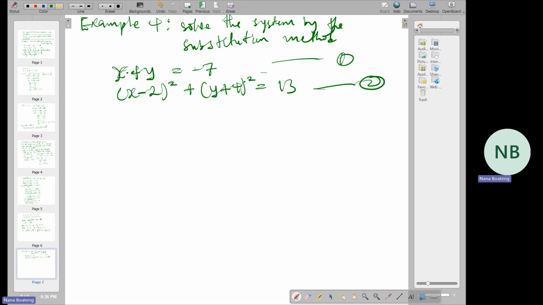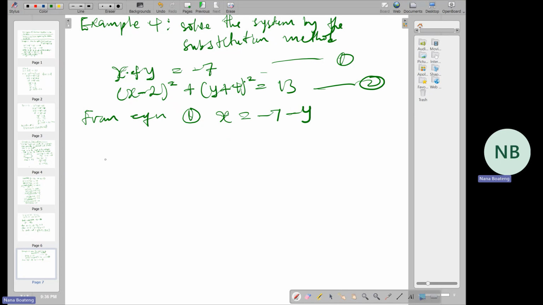So from equation 1, we know that if we subtract y on both sides, we'll have x is equal to -7 minus y. And so we can substitute this into the second equation.